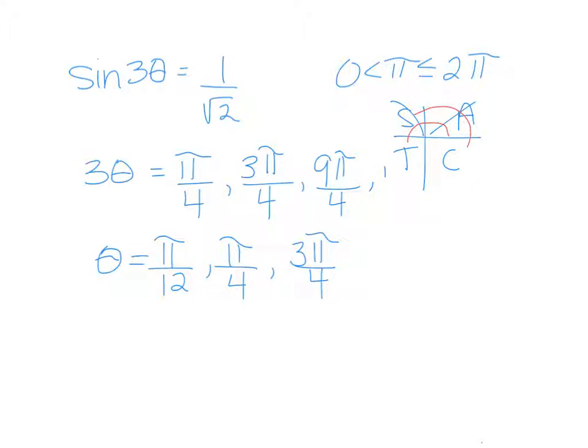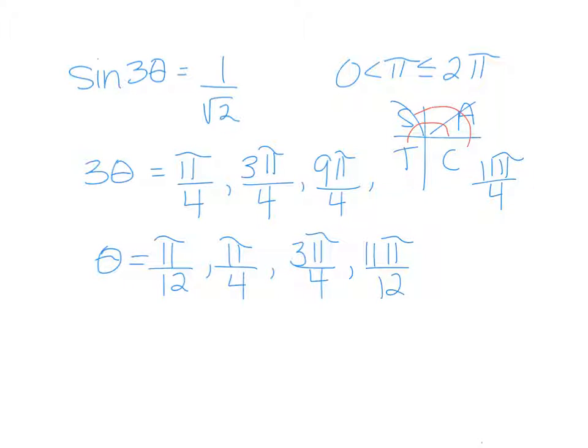I'm running out of space here, I'll just put it over here. Divide that by 3 and you get 11 pi over 12. Is that still small enough? That's still just between 0 and pi, right? So keep going and finding more solutions until we get to a solution that's too big.